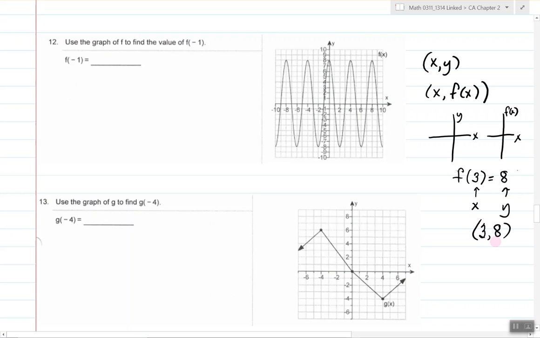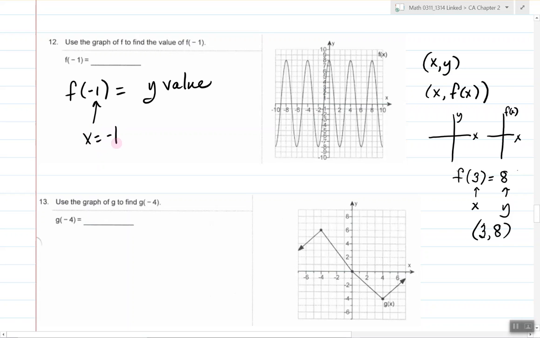All right, so f of a number, remember, is a new name for y, but it's telling you what the x was to get that y. So here it says, use the graph f to find the value of f of -1. When it says f of -1, it wants a y value. It's giving you an x value. It's telling you x is -1.